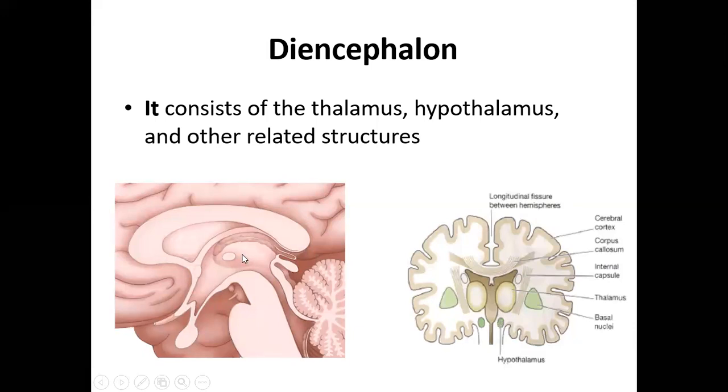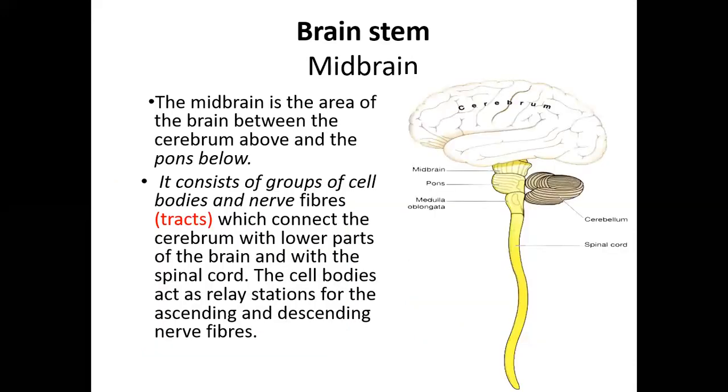All these structures here are part of the diencephalon. There are other smaller structures, but the main structures are the thalamus, hypothalamus, and epithalamus. These have a very important function.